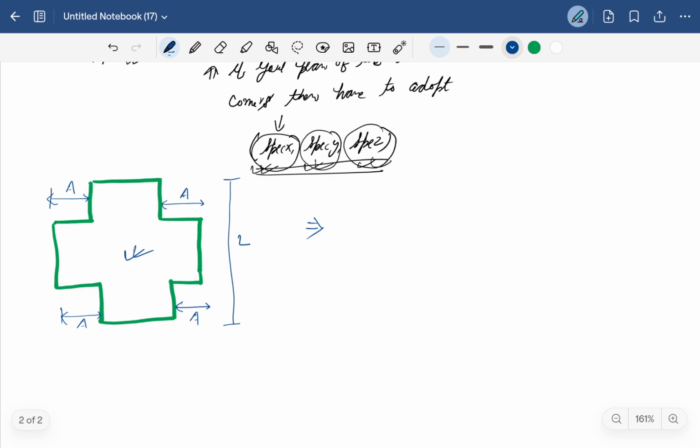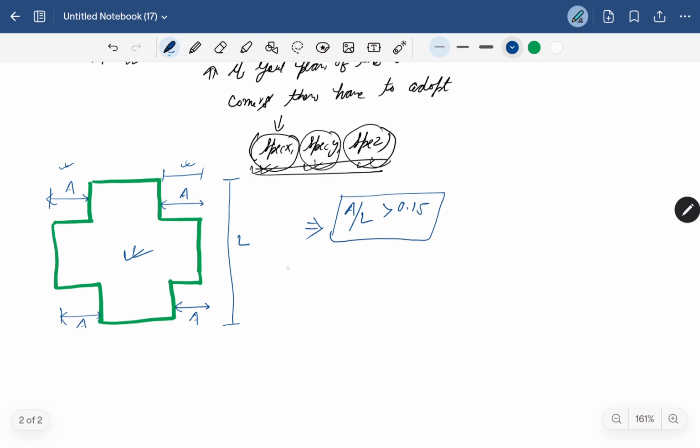For that, just take a, meaning this length. Either you can take this length, because all lengths are the same. So if a by L, where L is this length, is greater than 0.15, meaning 15%, then you will have to say that this plan of the building has reentrant corners.